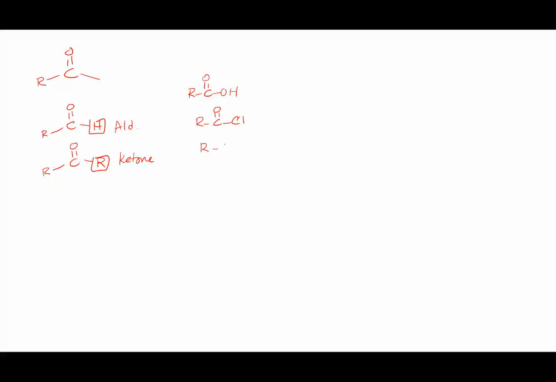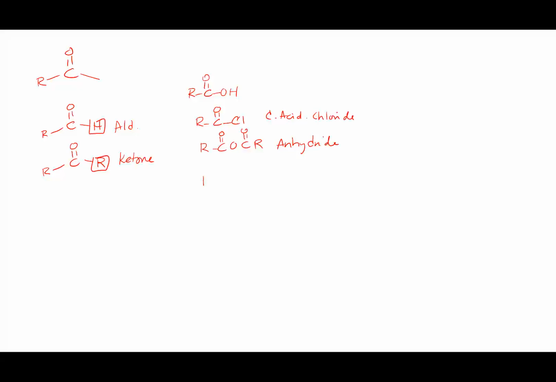So it's going to be carboxylic acid chlorides that we've talked about a little bit. It's going to be carboxylic acid anhydrides. So this is an anhydride. This is obviously the carboxylic acid chloride.